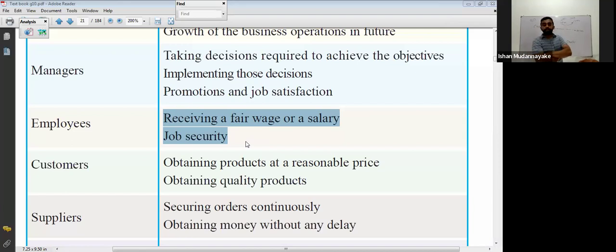Without working, they can earn a salary. But in the private sector, you need to work hard. Without working, you can't earn money. But in the government sector, most of the time, without working, you can get money. So employees expect job security from the business organization.